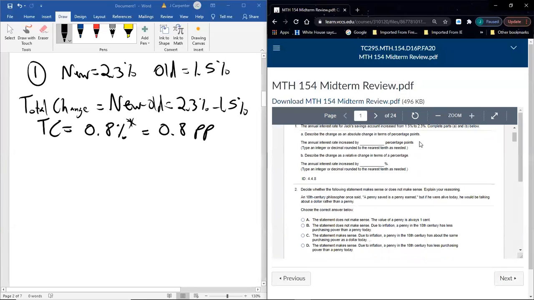All right, so then our percent change, what they're calling the relative change. Relative change or percent change. It's always silly when that happens. Percent change is the total change divided by the original, or the old, and then you convert it to a percent.